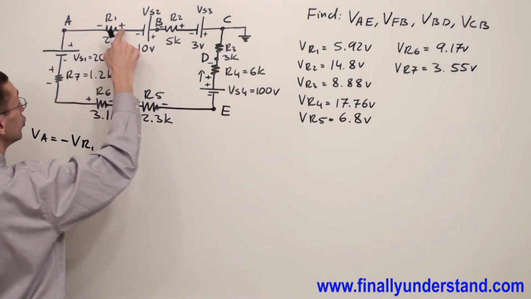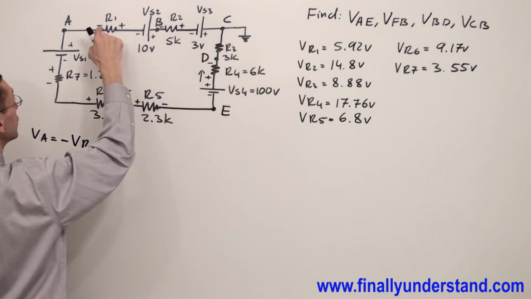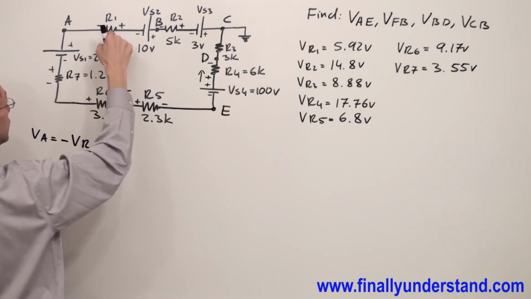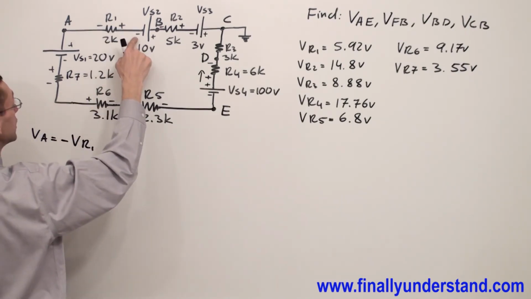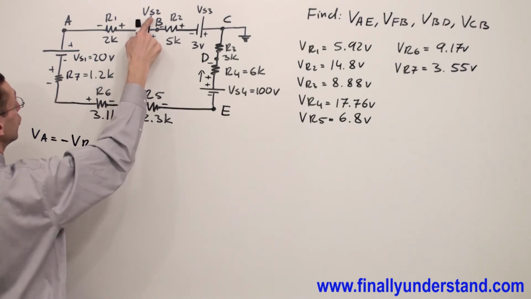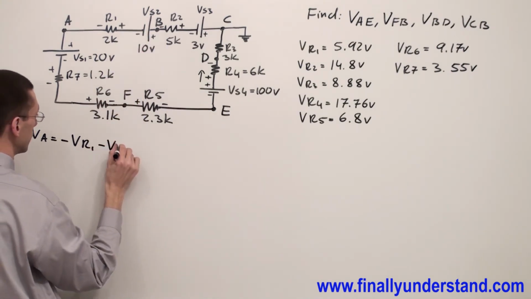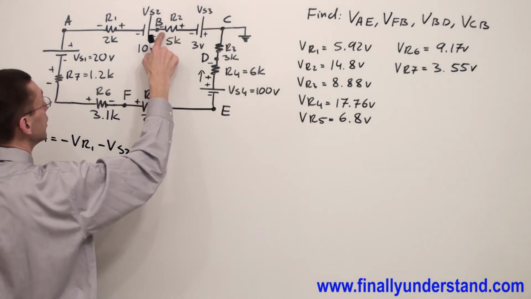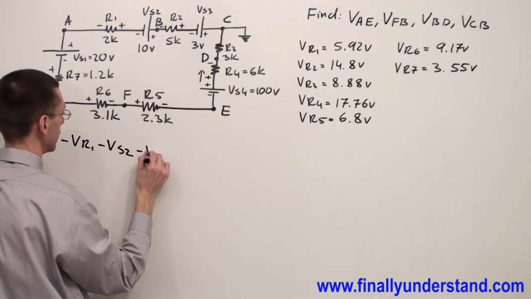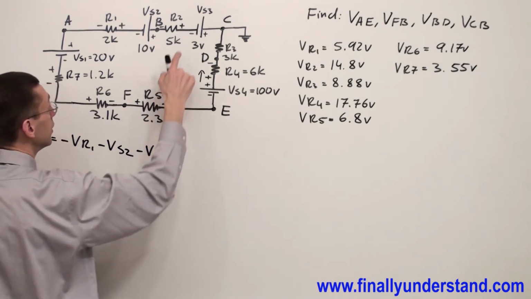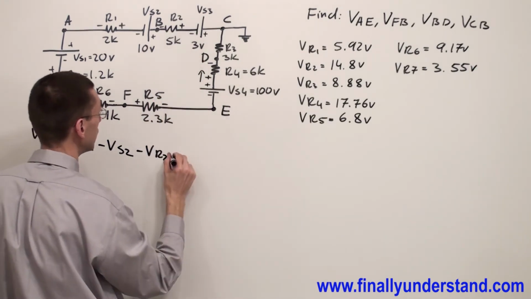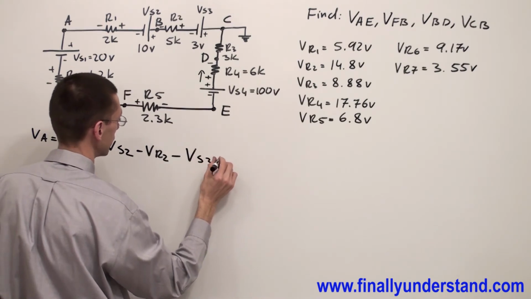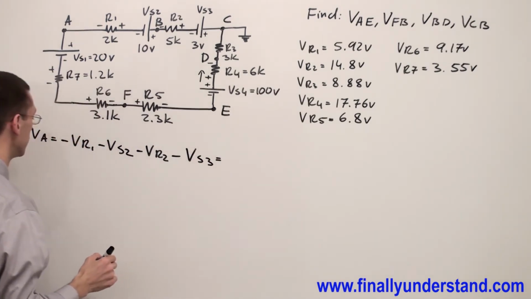Because I'm going to the ground and I'm seeing first negative, and because I'm looking for voltage, I have to take VR1. Next, I'm seeing negative voltage source 2. Next, I have negative VR2. Next, I have negative voltage source 3.